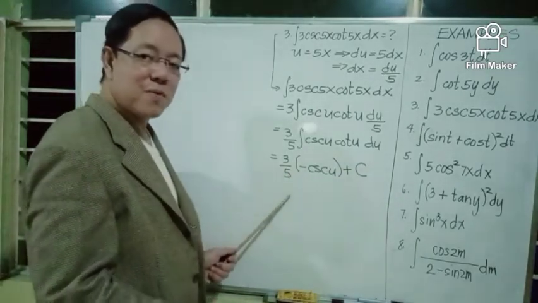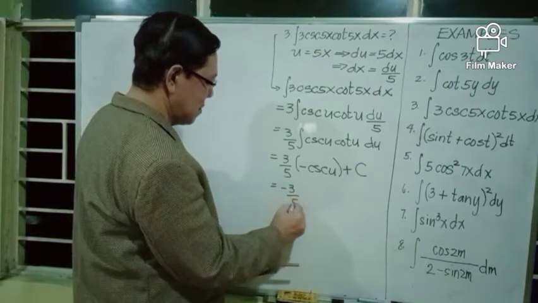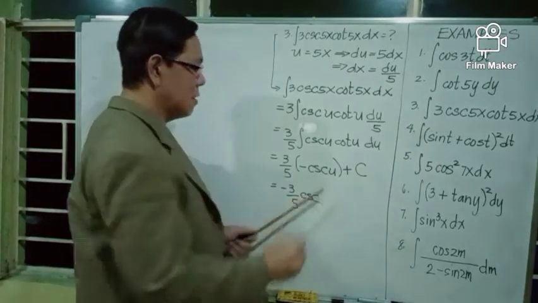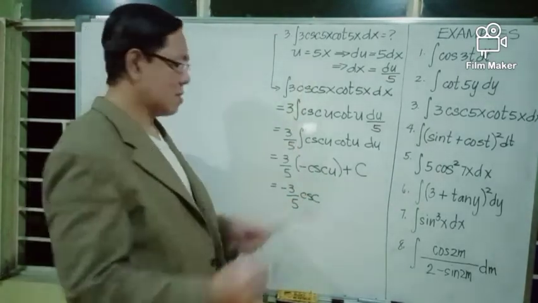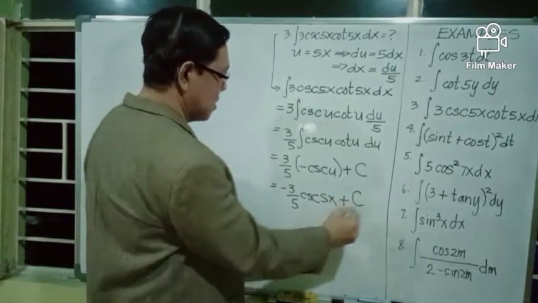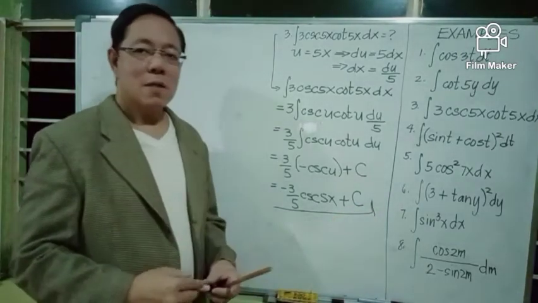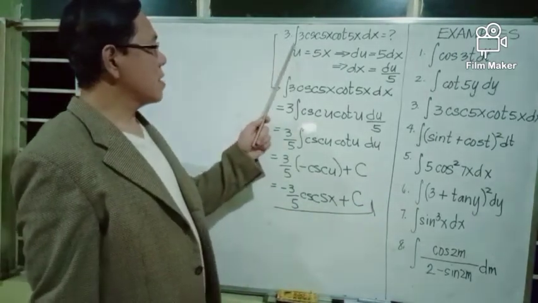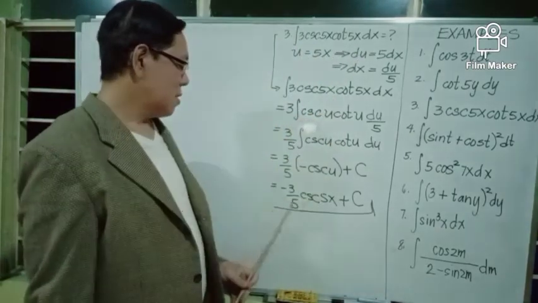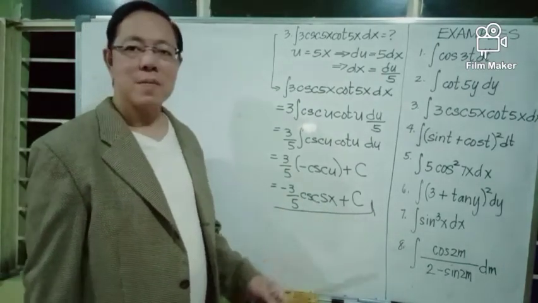Negative times 3 over 5 is negative 3 over 5 multiplied by cosecant. Our u is 5x, plus the constant of integration c. Hence, the integral of 3 cosecant 5x cotangent 5x with respect to x is equal to negative 3 over 5 cosecant 5x plus c.